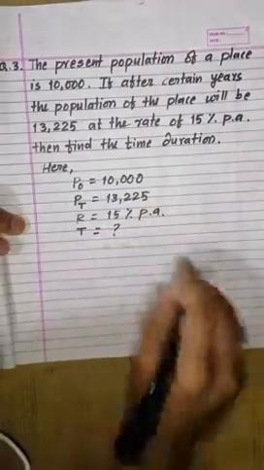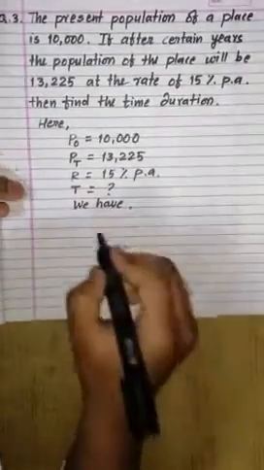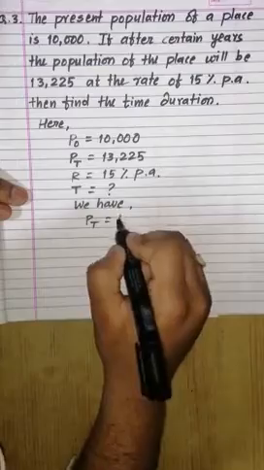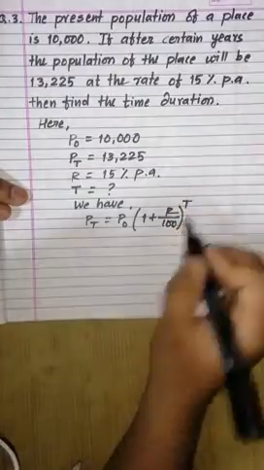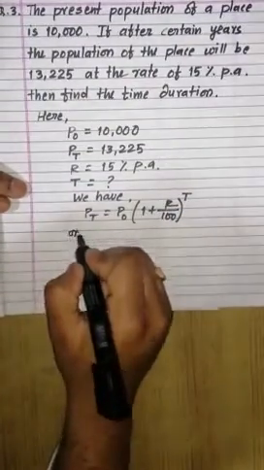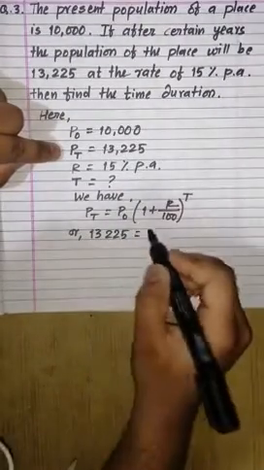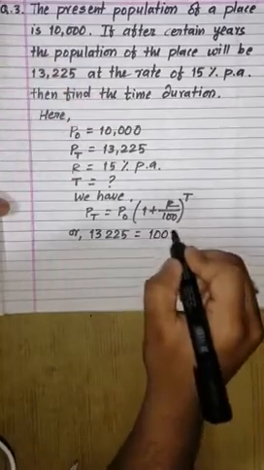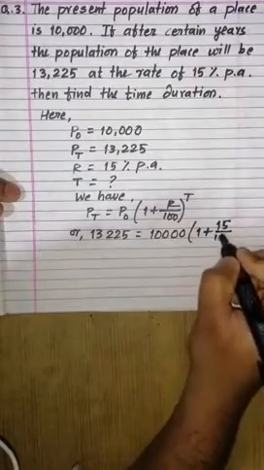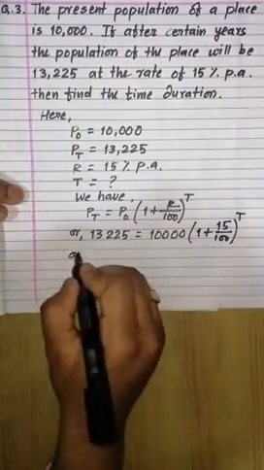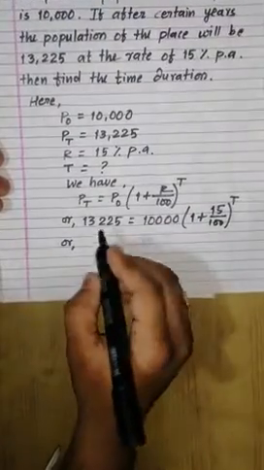So time equals to what? Now we have the formula PT equals P0 times (1 plus R by 100) to the power T. In place of PT, we can write the value 13,225 equals P0 is 10,000 times (1 plus rate 15 by 100) whole to the power T. Now, this is somewhat similar to the previous calculation. Let's bring 10,000 to the denominator of the left hand side.